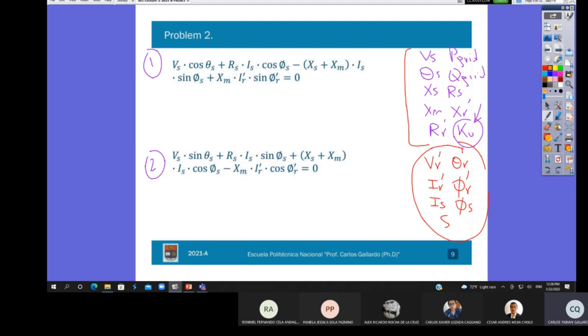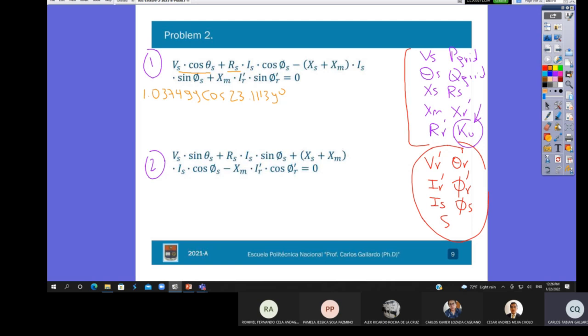In my first equation, I will have the stator voltage equal to 1.037499 cosine of theta. In this case, the angle is 23.11139 degrees.